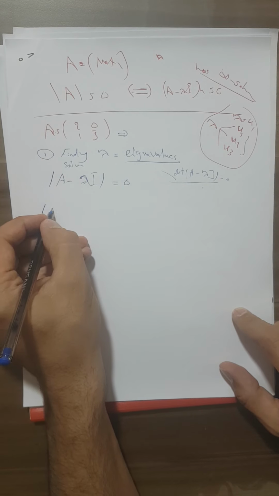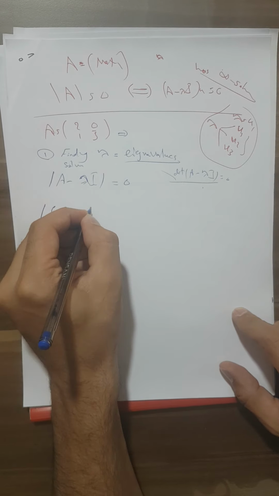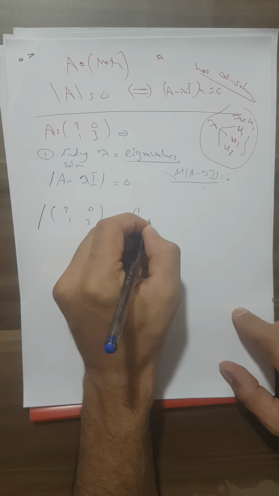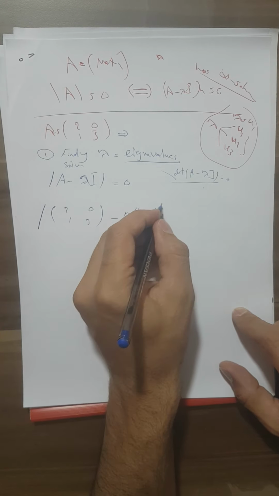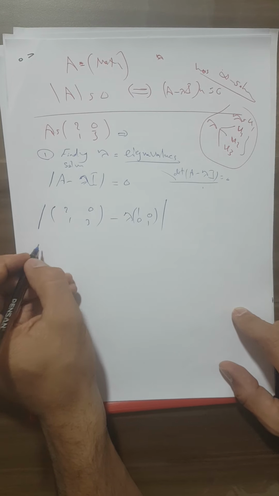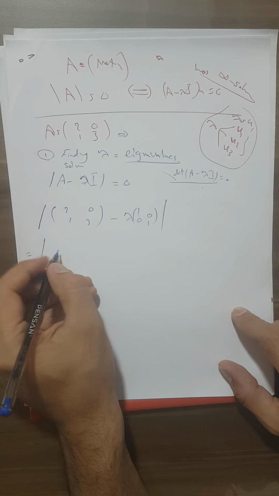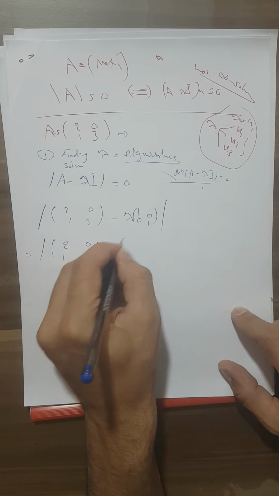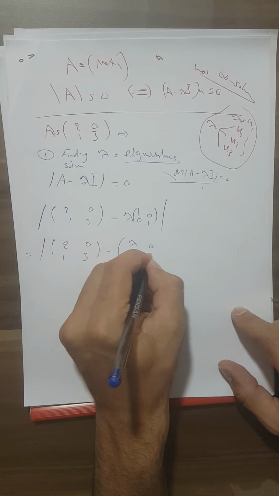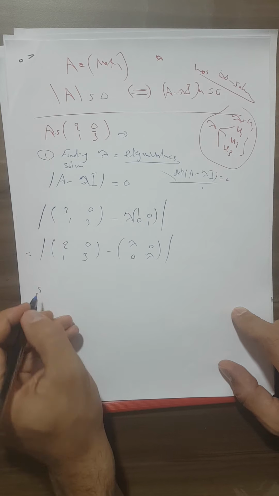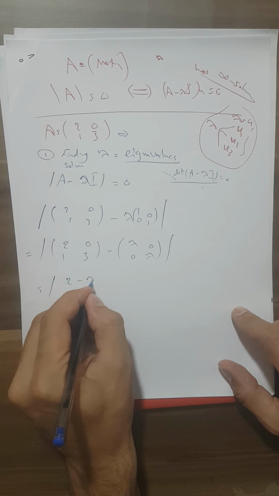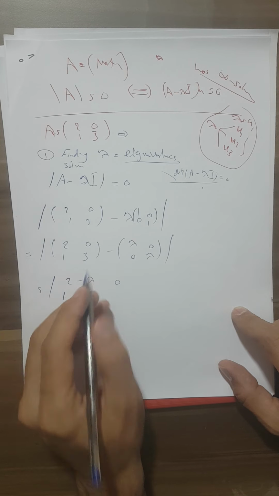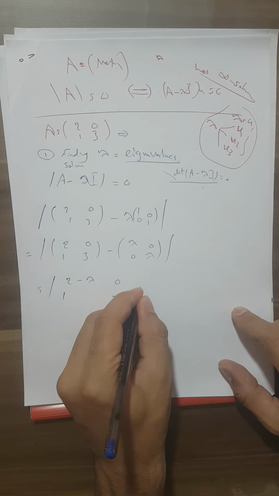The determinant of A minus lambda I is equal to the determinant of [2, 0; 1, 3] minus lambda times [1, 0; 0, 1], the identity, which is equal to [2, 0; 1, 3] minus [lambda, 0; 0, lambda], which is equal to [2 minus lambda, 0; 1, 3 minus lambda].